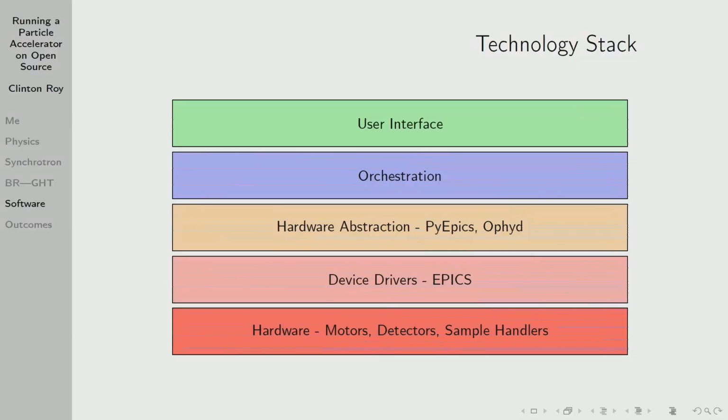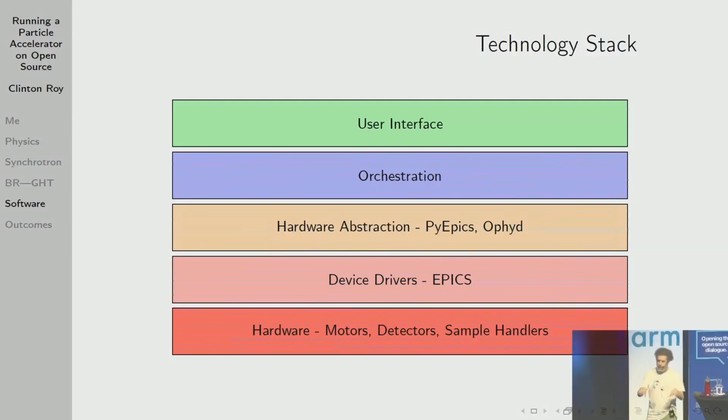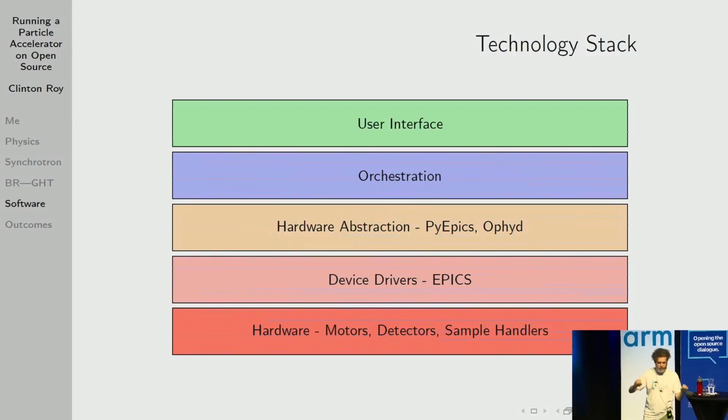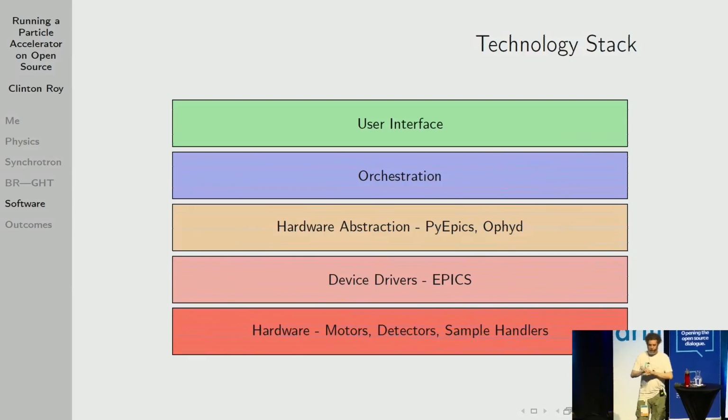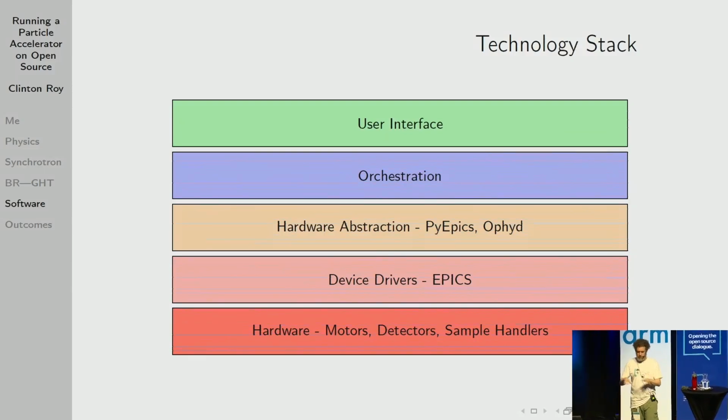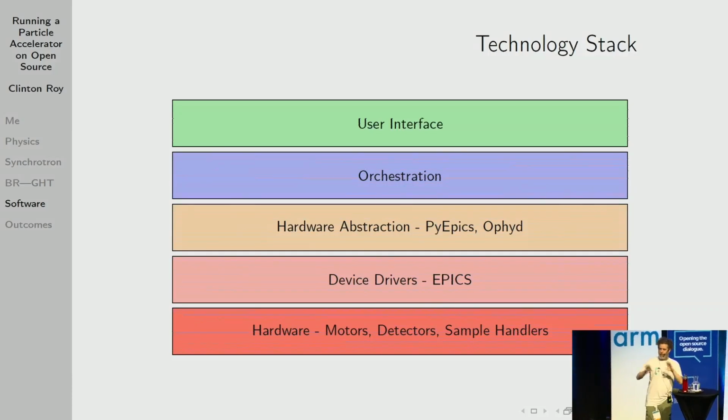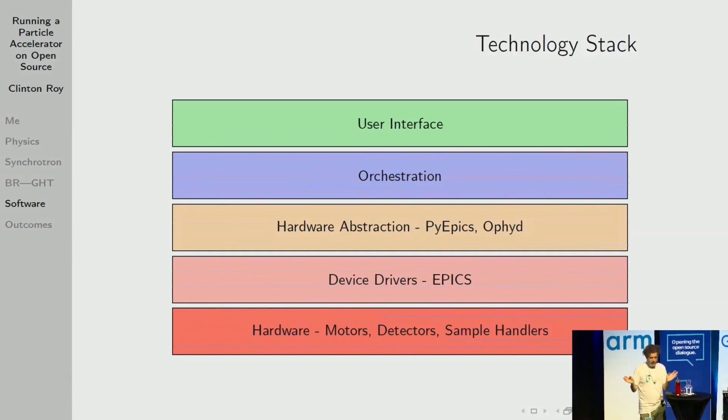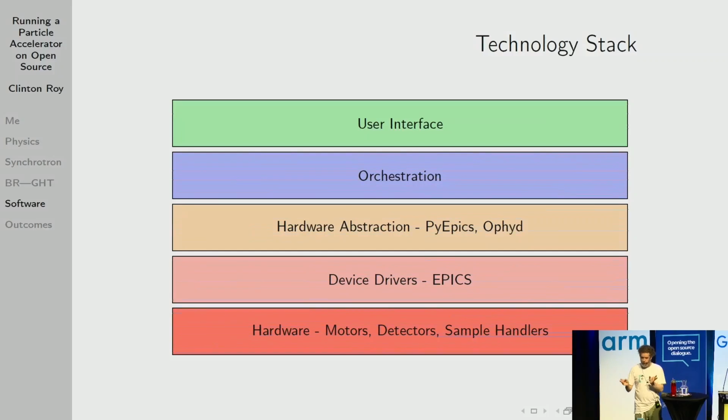It's been in use, so for our new beamlines, we're just continuing to build on top of that particular protocol. EPICS is very much a low-level C++ device driver. It is a network protocol, so it does spit things out on a network. On the other side of that, we have a Python abstraction called Ophyd, which can talk to EPICS. So we've escaped C-land, and we can now control our scary robot in Python.